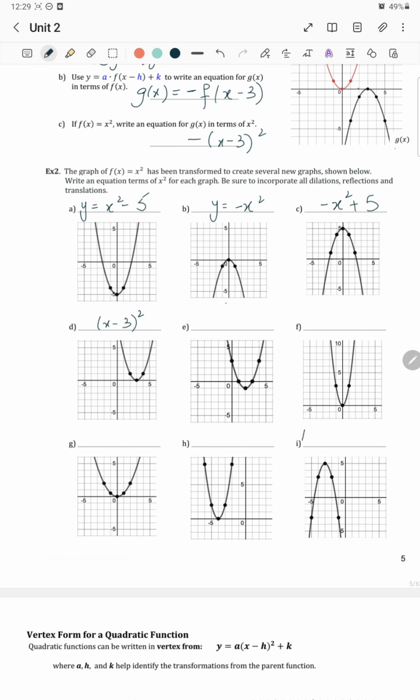This is x plus 2 whole squared and down 1, so it's going to be minus 1. Then x squared divided by 2.